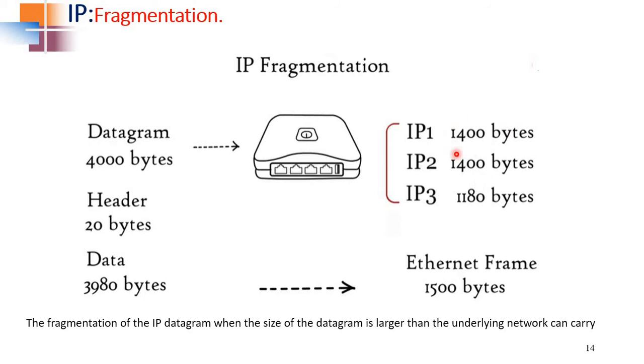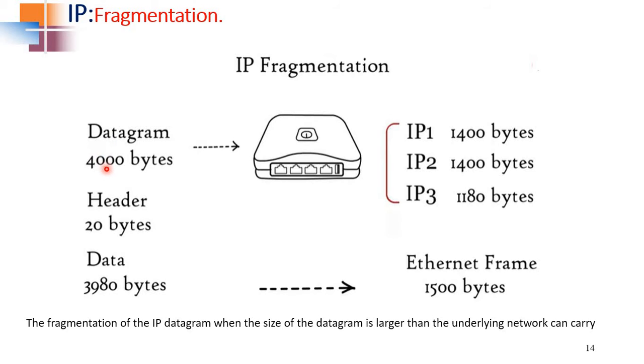If I had 1500 and 1000, then one bag would carry more weight. So we divide the value into roughly equal parts and give them the names IP1, IP2 and IP3. IP1 with a maximum of 1400 bytes, IP2 with a maximum of 1400 bytes, and IP3 with a maximum of 1180.